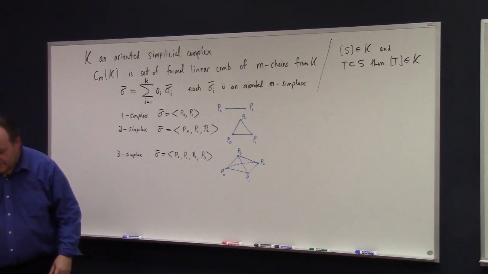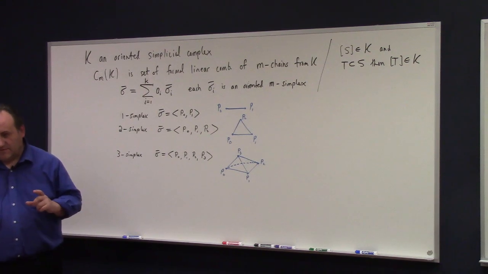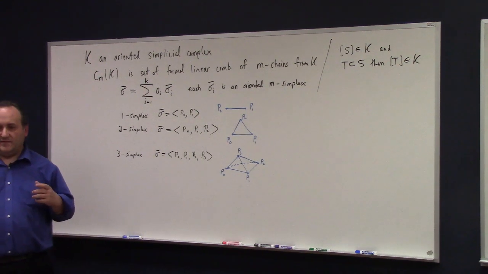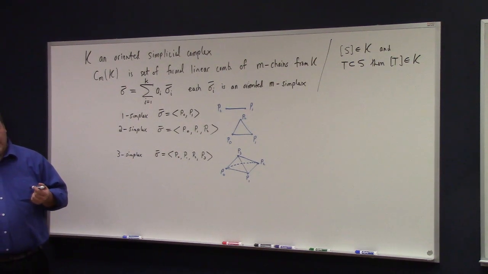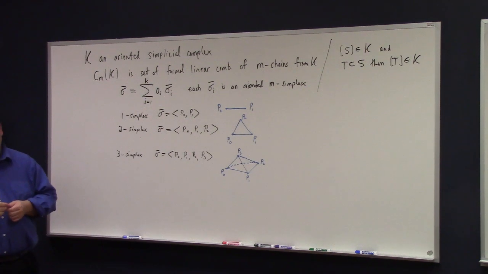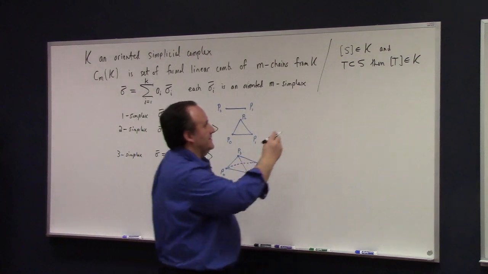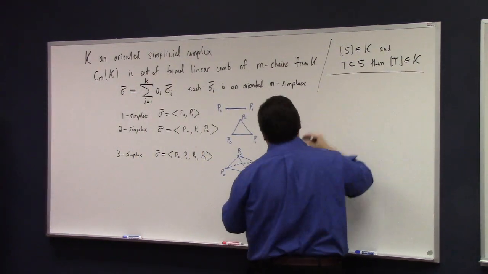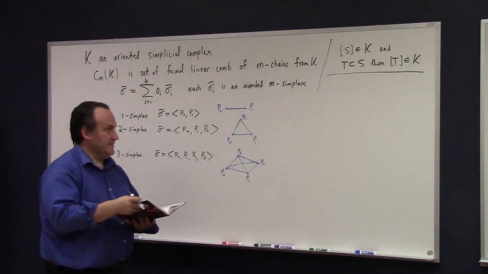The other axiom is that if two simplices meet, they have to intersect along a common edge. So the intersection of two simplices must again be a simplex.